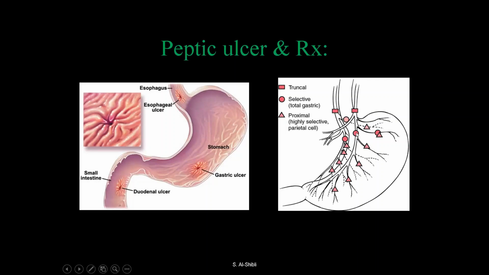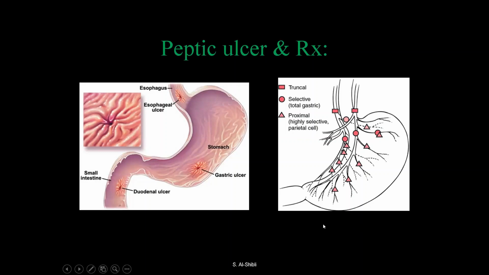Then after a while, we noticed that a lot of problems happened to the patient, so we changed to what we call highly selective vagotomy. We cut the part of the vagus responsible for the secretion.